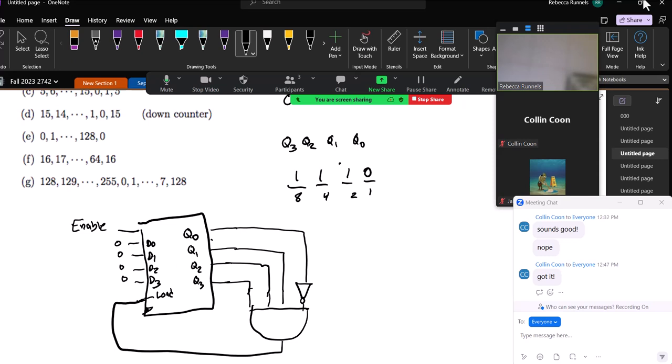But I don't actually need that, and I think the directions say to use as few... let's see, the directions. Oh, on your homework it says use as few gates and copies of C as possible.